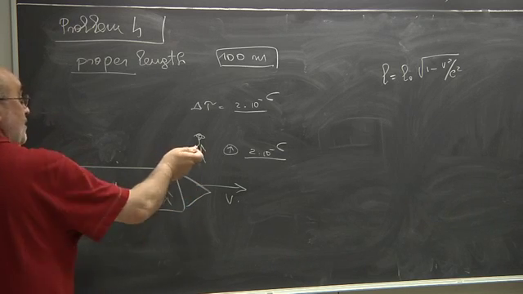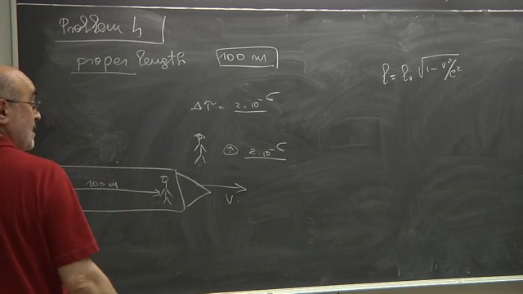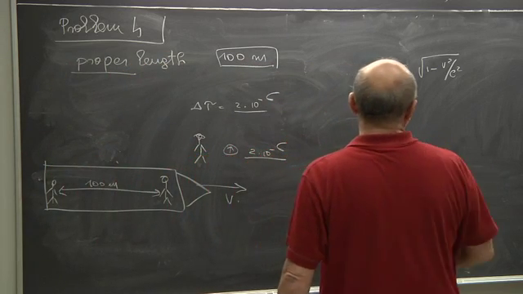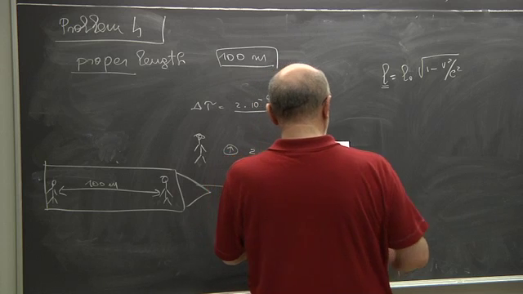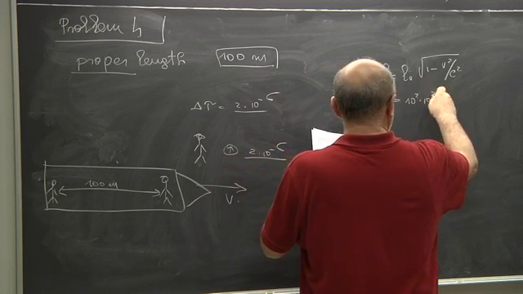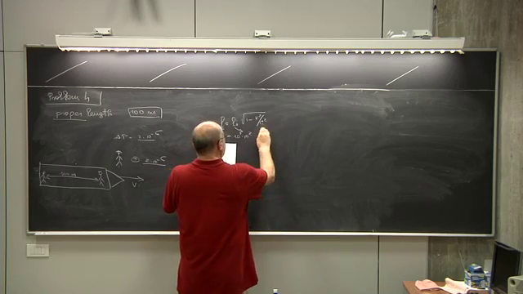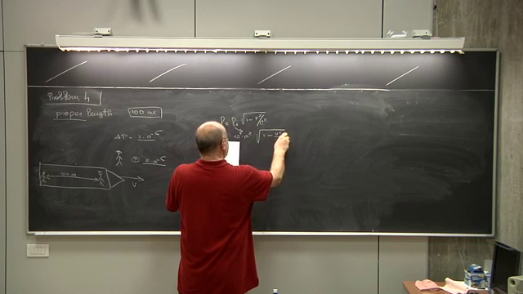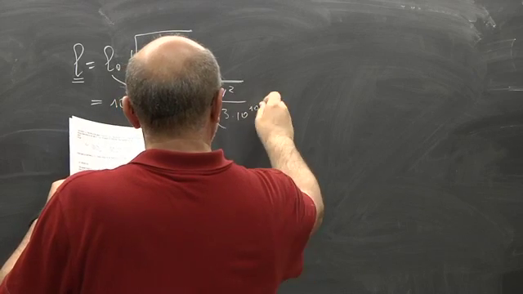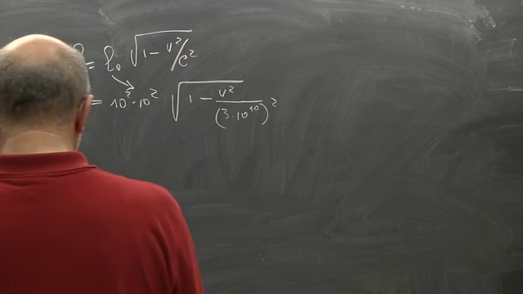He is at rest outside, but with respect to them he is in a moving frame. So he sees a contracted length. So let's put here 100 meters, let's put it in centimeters, so this is the proper length. Then we get the square root of 1 minus v squared, which we don't know, divided by (3 times 10 to the 10) squared. And this is the length.